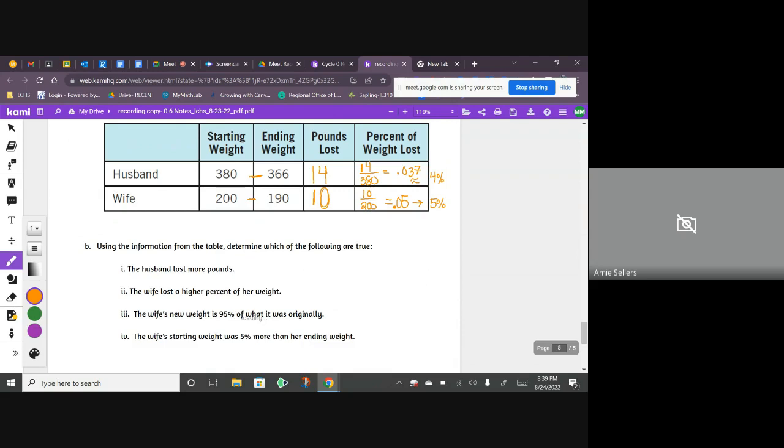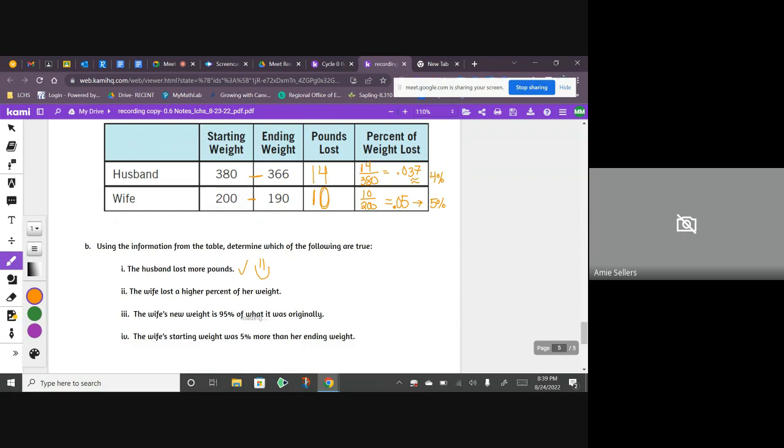So part B, using the information from the table, determine which of the following are true. For I, the husband lost more pounds. That's true. He did lose 14 pounds, whereas the wife lost 10. The second one, the wife lost a higher percent of her weight. She lost 5% of her original weight.